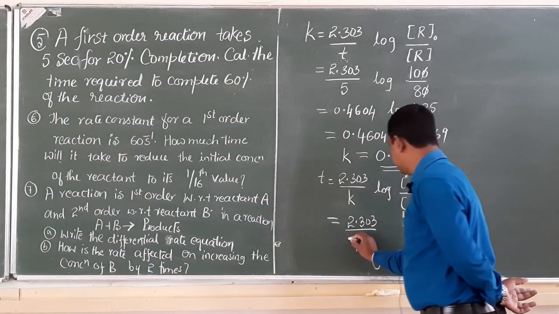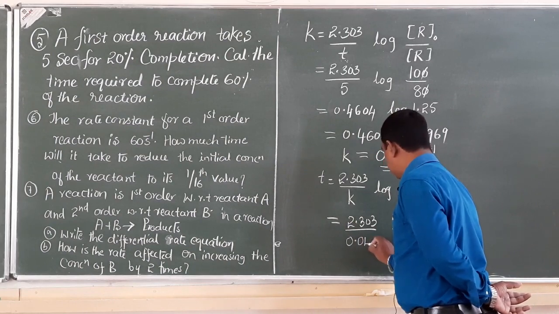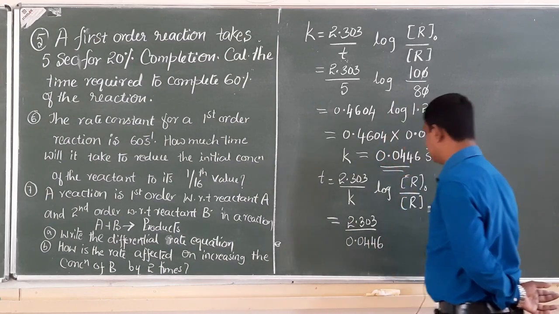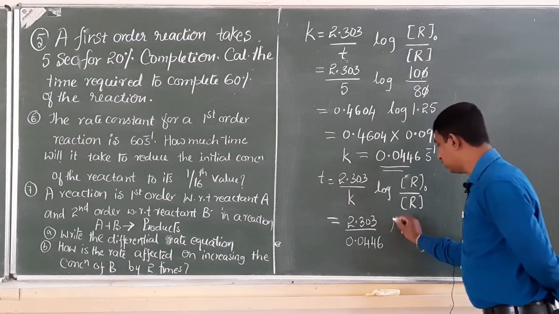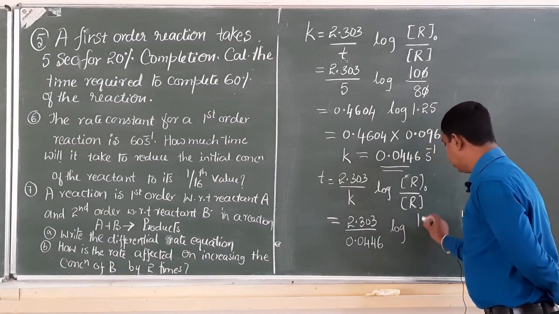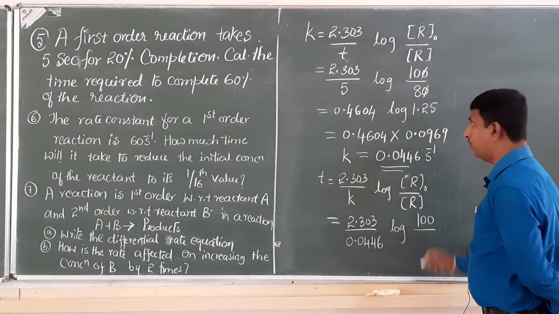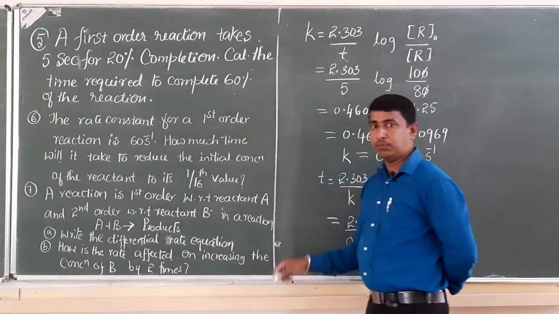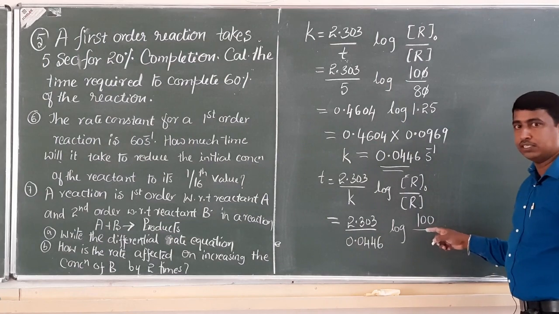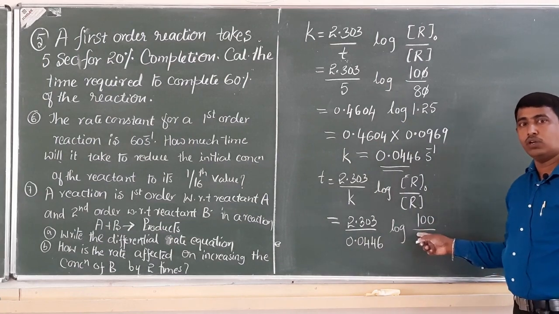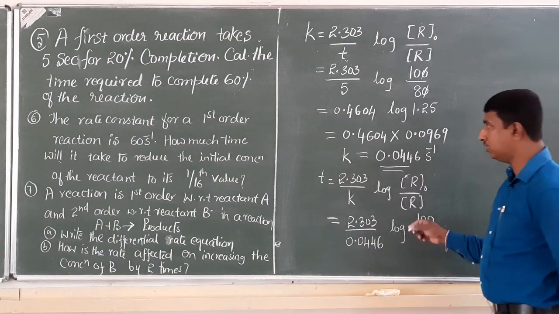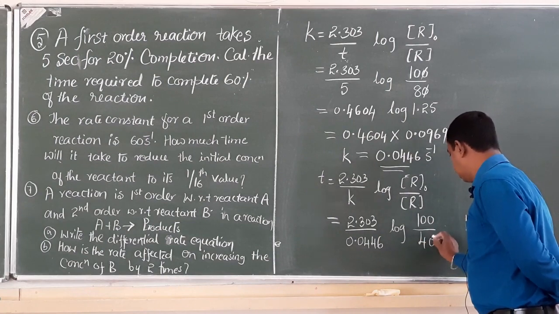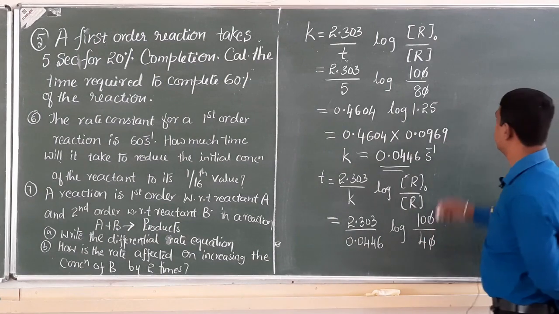K value is 0.0446, log R naught initial value 100 by R. We are calculating the time for 60% completion. So 60% completed means the remaining percentage is only 40, 100 minus 60 is 40.